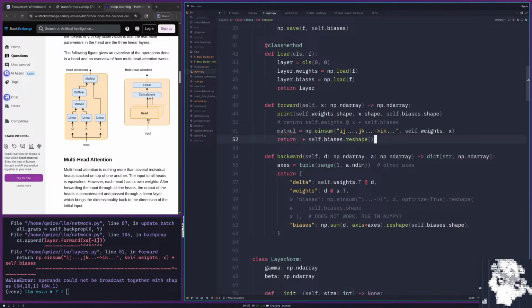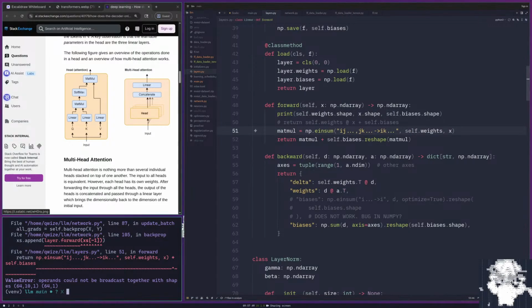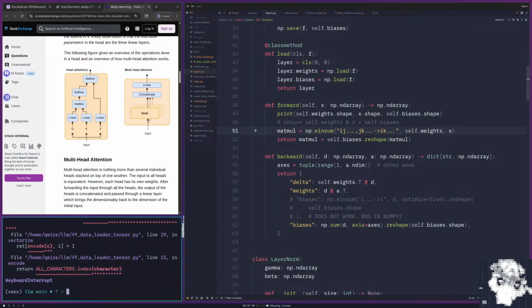Matmul equals this. Matmul plus that. Or dot shape.